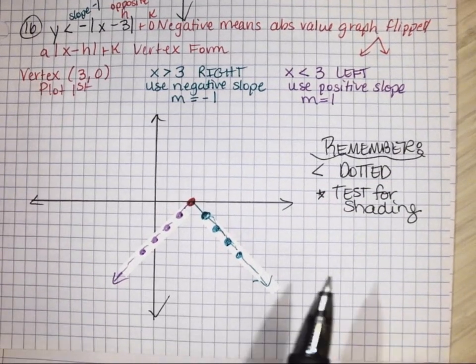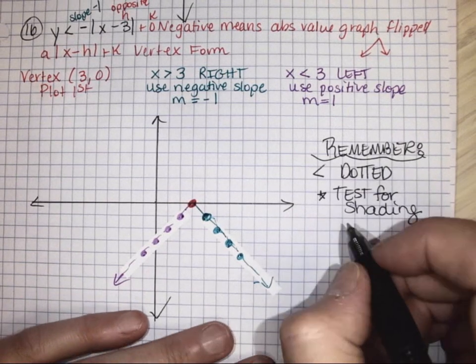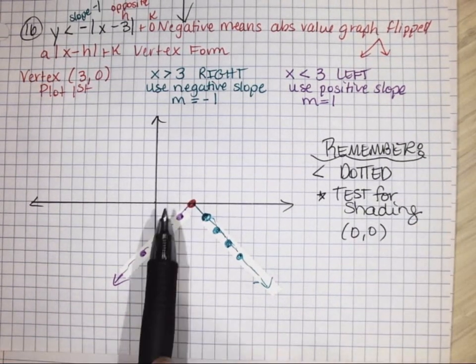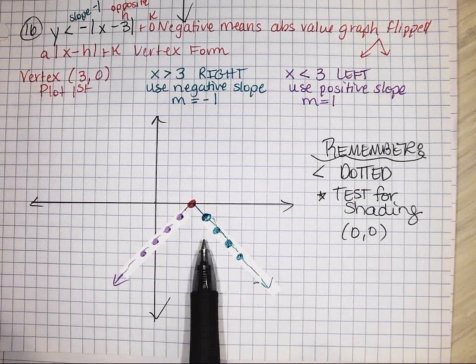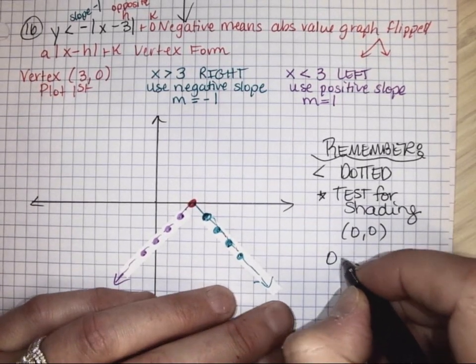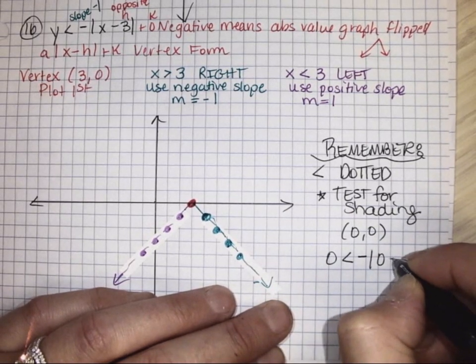Alright, I like to always pick the origin if it's not actually on the dotted or solid line. So I'm going to use (0, 0). If I get a true statement, I shade in that region. If I get a false statement, I shade in this region. And we have to plug it into the original. So 0 less than -|0 minus 3|.